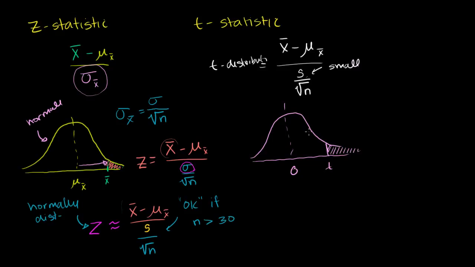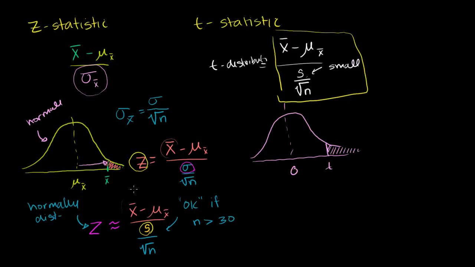A very easy rule of thumb is to calculate this quantity either way. If your sample size is more than 30, your sample standard deviation is going to be a good approximator for your population standard deviation. So this whole thing is going to be approximately normally distributed, and you can use a z-table to figure out the probability of getting a result at least that extreme.